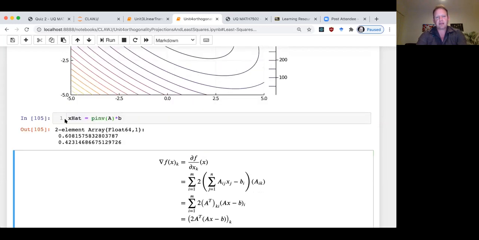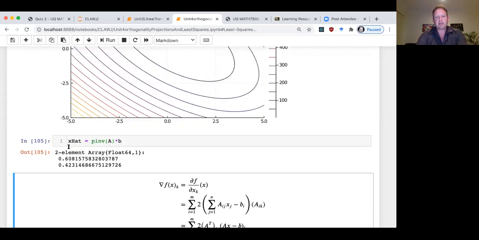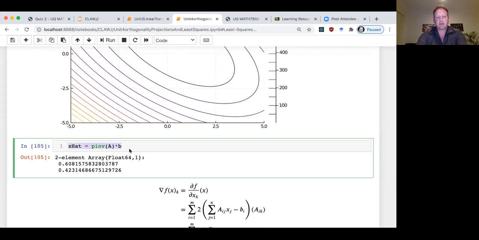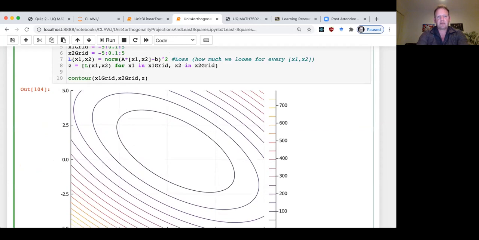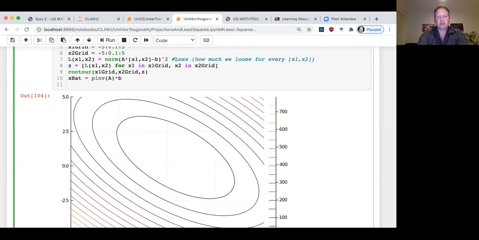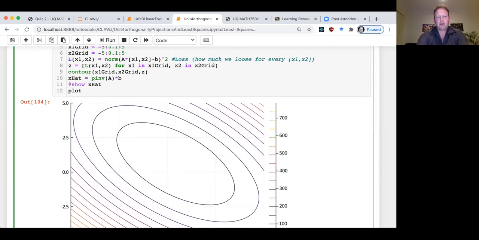So here's X hat. Let me actually plot X hat. Let's show X hat, and plot X hat 1, comma X hat 2, or scatter maybe.